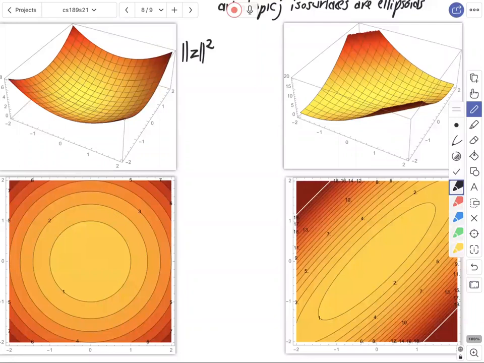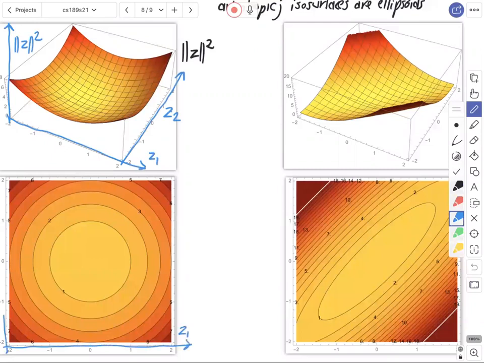So at the top, you can see a 3D plot. We've got z1 on one axis, z2 on another axis, and then the vertical axis is z squared. On the bottom, we have a contour plot where, as usual, the features z1 and z2 are what's graphed, and then the function value, we look at its isocontours.